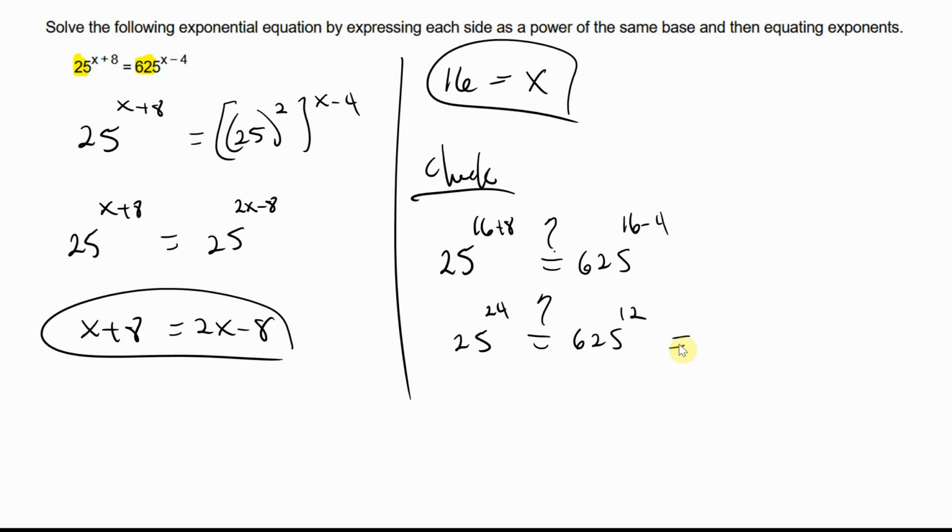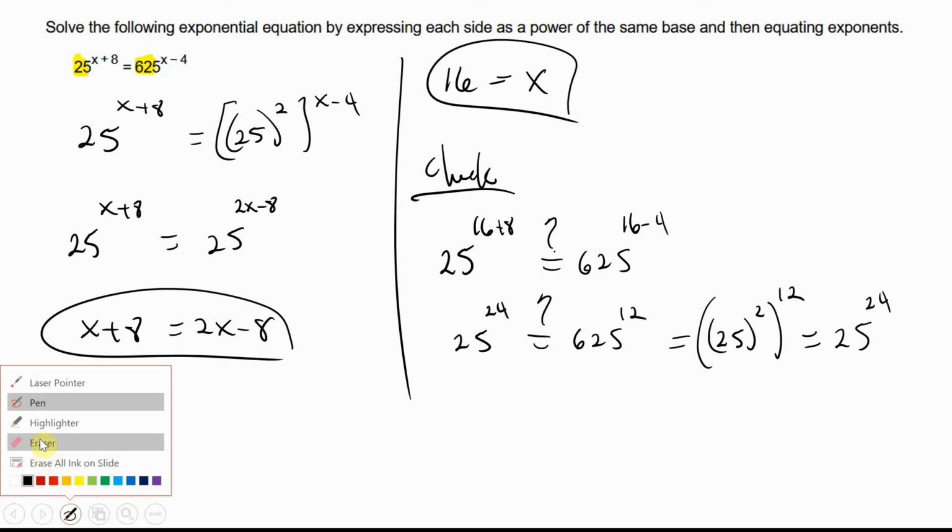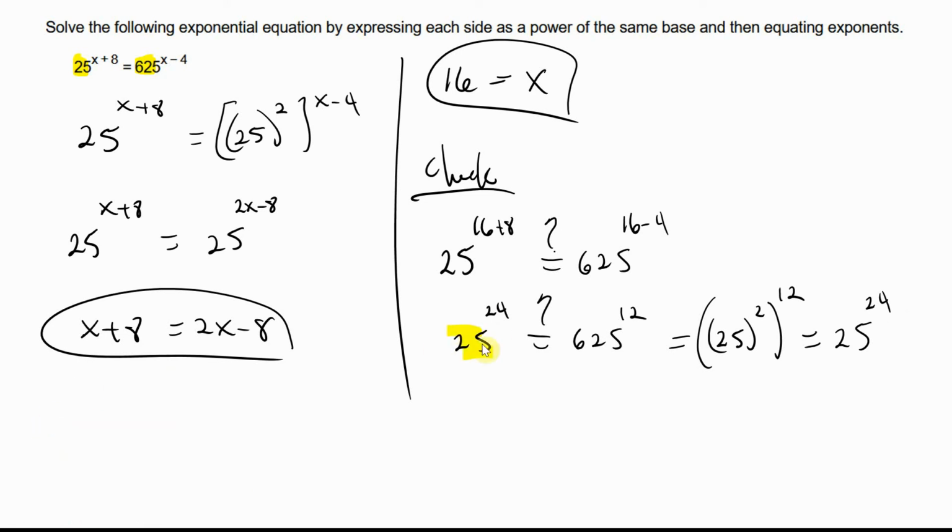Well, notice that 625 is the same thing as 25 to the second, and then that's being raised to the 12th. Power raised to a power, multiply the powers: 25 to the 24th power is equal to 25 to the 24th power. So we're good. So x is indeed equal to 16.